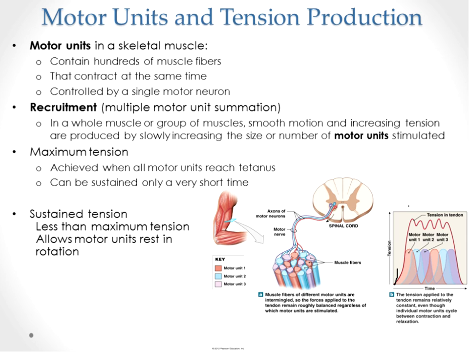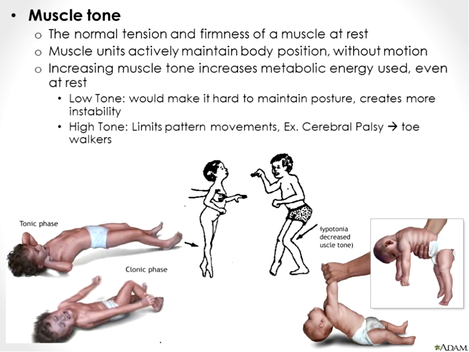So for sustained tension, the less the amount of tension you need to develop, the more groups you can kind of make for sustaining that tension, which means it's a longer period of time you'll be able to hold that contraction. Okay?